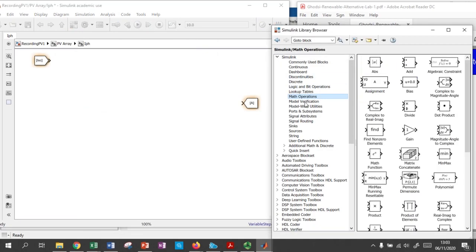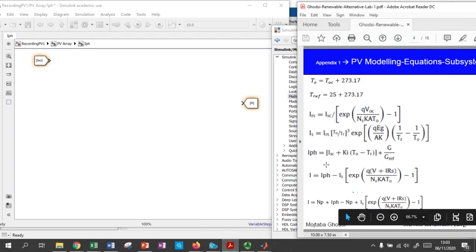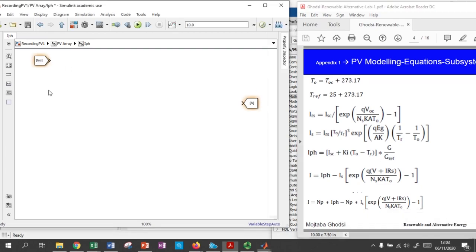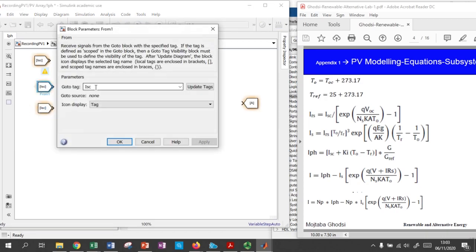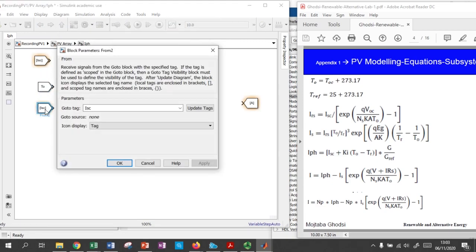Again, the mathematical operations, we need ISC based on this equation, ISC plus KI, okay, KI times TO minus T reference. Okay, then again, we go Control C, Control V, Control V. Okay, then this is a TO. And the next one is T reference, T ref.